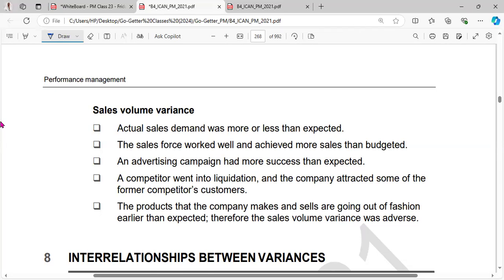Then, for example, also a competitor went into liquidation and so they were not in the market again, and all their customers now come to yours to have increase in sales. Or maybe the product that the company is making goes out of fashion earlier than expected, so your sales volume reduces.